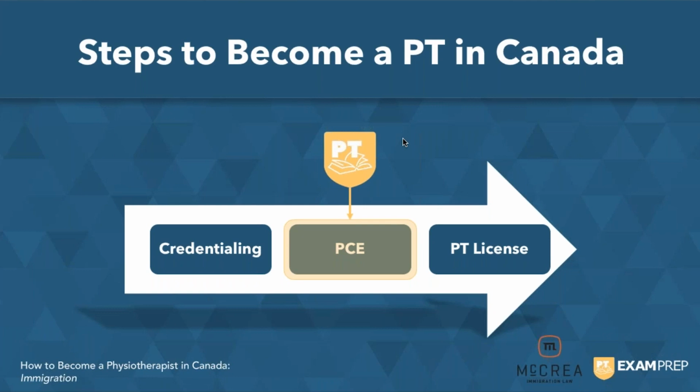Okay, there we go. So all of the credentialing side is done through the CAPR, and that is the Canadian Alliance of Physiotherapy Regulators. Another abbreviation that you will often see. So where we come in is we help you pass the PCE on your way to becoming a full physiotherapist in Canada.